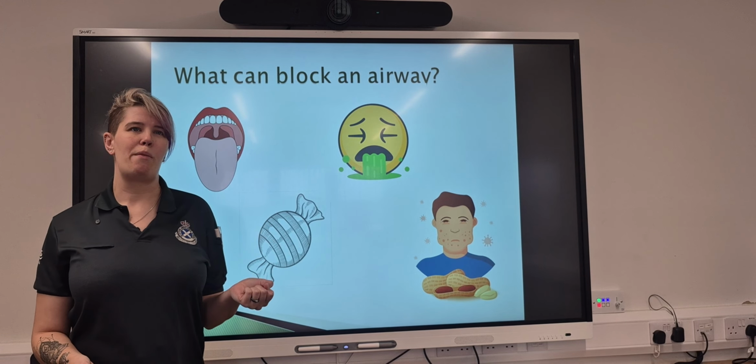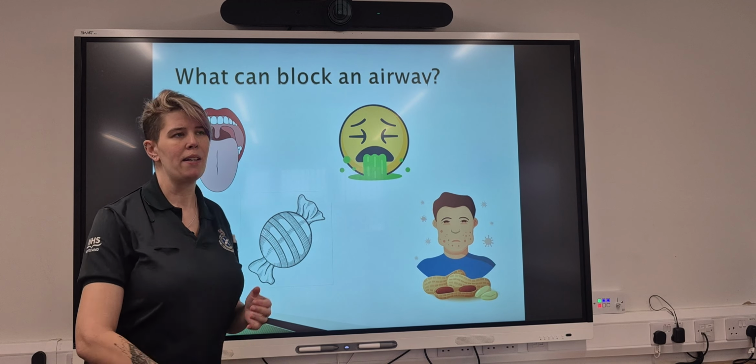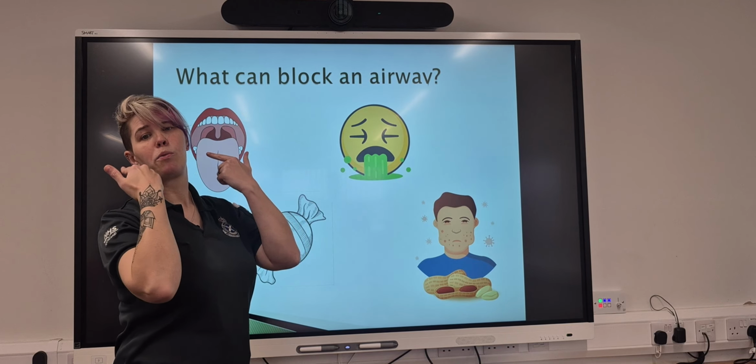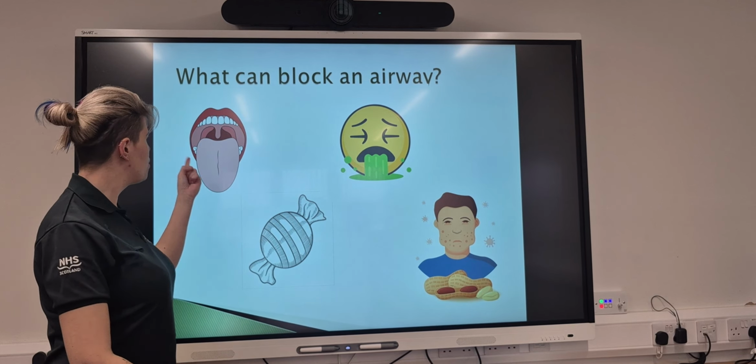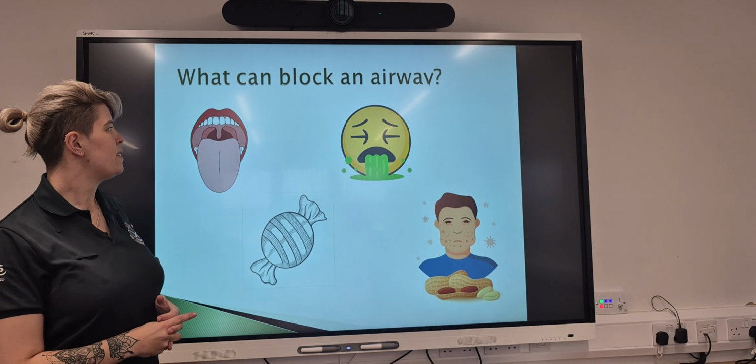However, what tends to happen with most people is when they're unconscious, that muscle becomes floppy, and of course when people go unconscious they go on their backs, it flops backwards, it blocks the airway. This is usually one main concern with regards to airway, a person's tongue.